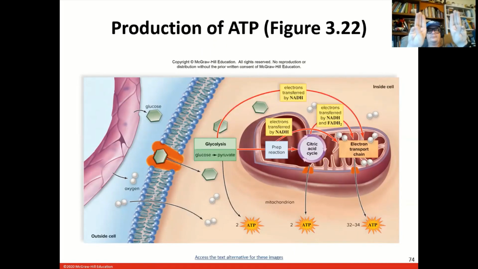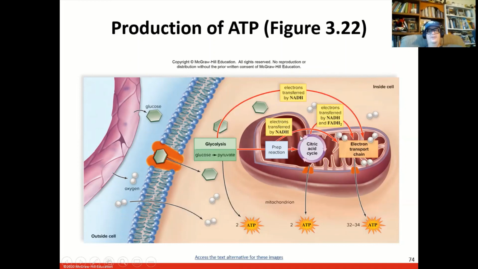Then when we turn the pyruvate to acetyl-CoA, guess what? We just broke a carbon bond again. We broke a bond between 2 carbons, and that released high energy electrons that we then harvest and move off to use in the electron transport chain.